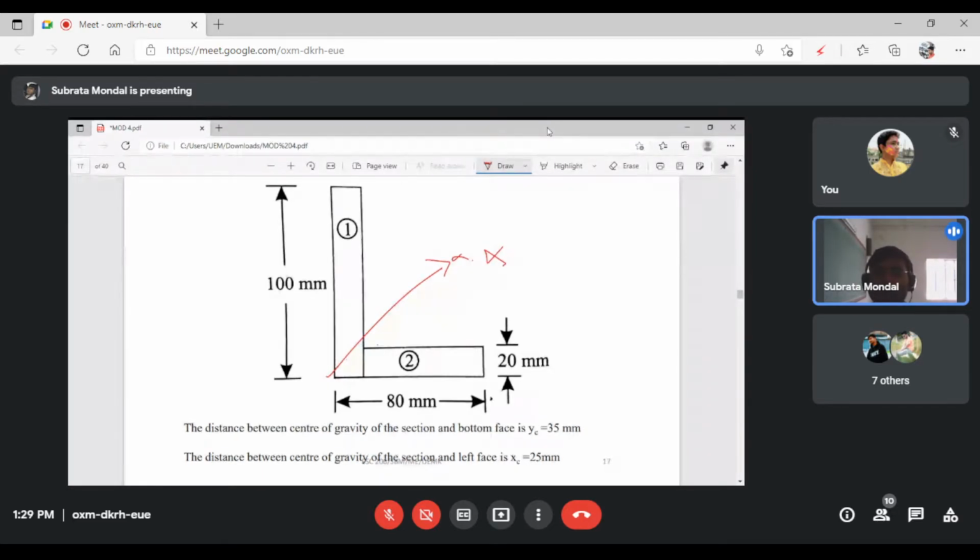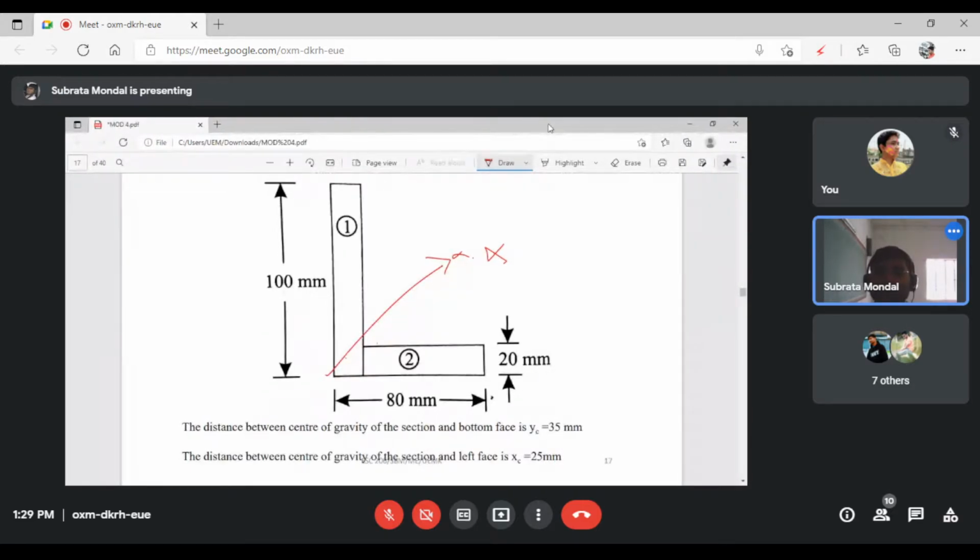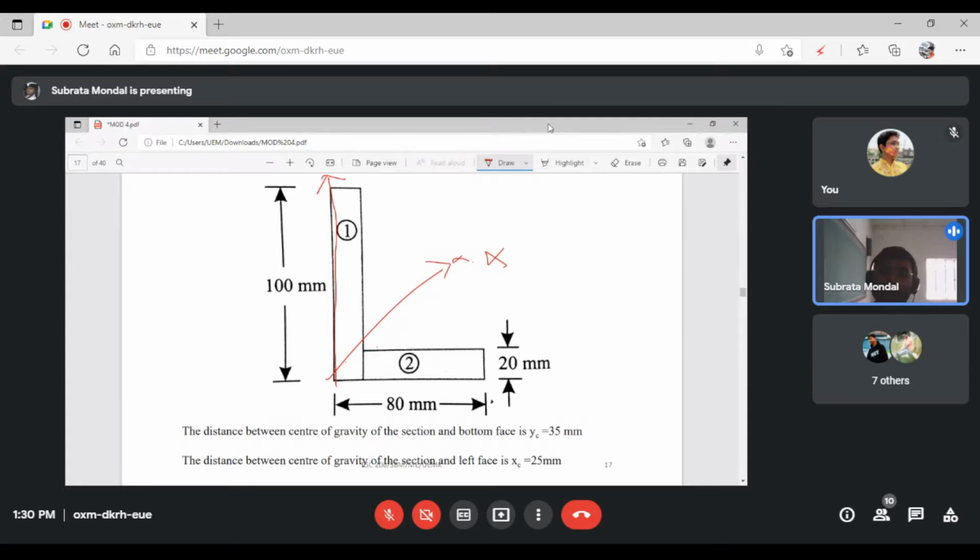So what you have to do is take the reference as this left end portion as y, and this bottom end portion as x. And how could you calculate? In that case you have to calculate both x bar and y bar.